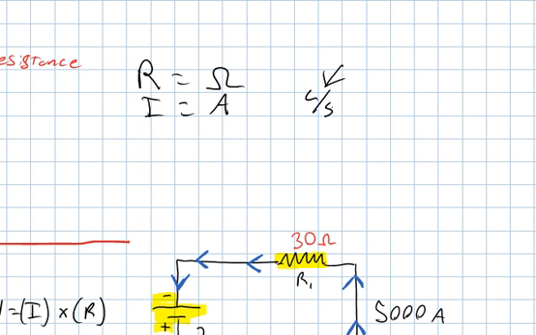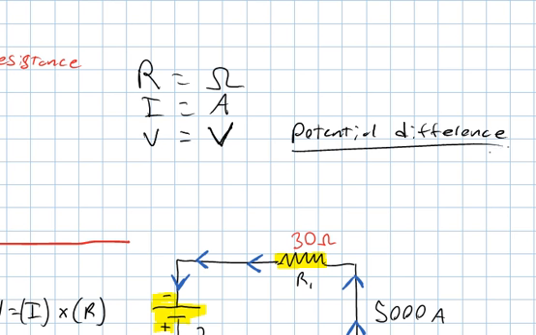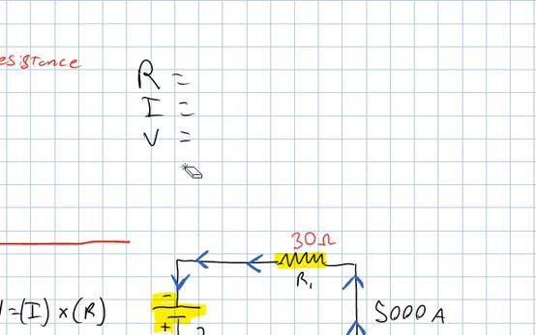So a charge per second is an amp. Voltage is just denoted by a big V, and that is potential difference. There's a little more to the units that you probably wouldn't understand right now, that I can't really explain easily.